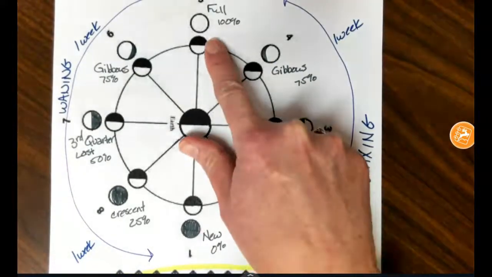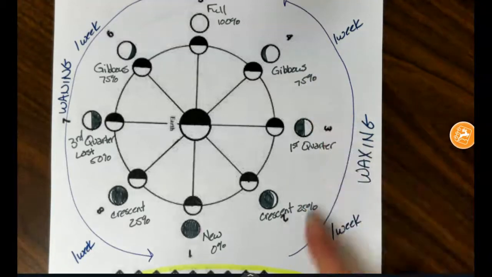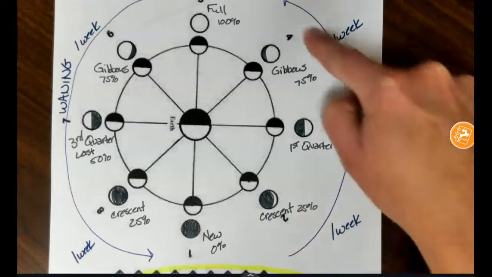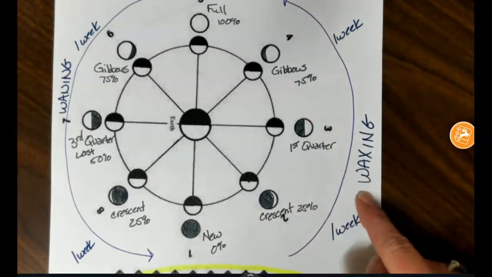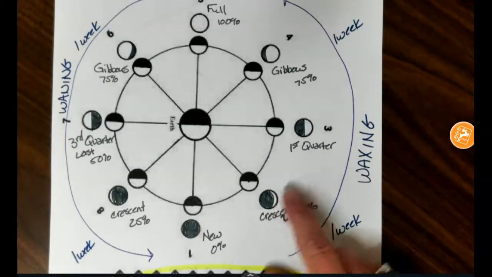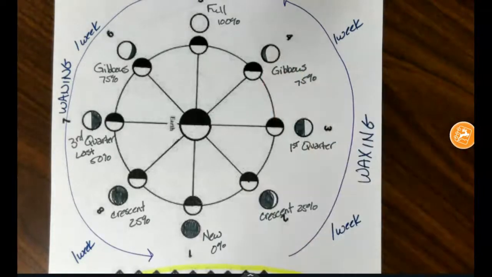And then we're going to get to 100%, which is a full moon. You notice how we're gaining light on the right. This is the waxing phases. If we look at what's happening on the right side, we're gaining light, so it's waxing. So, a crescent moon, this would be a waxing crescent because it's illuminated on the right. Gibbous, this would be a waxing gibbous because it's illuminated on the right.